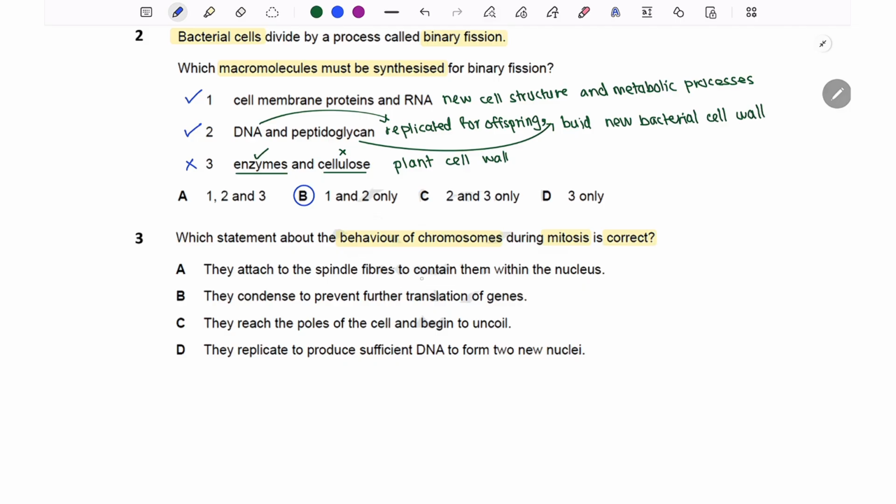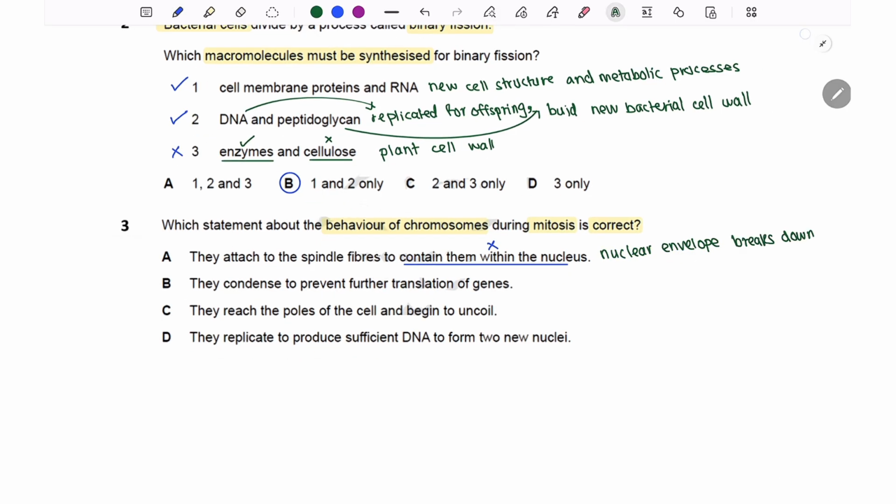That's not going to happen, this bit would be wrong. They actually attach to the spindle fibers because over here the nuclear envelope is going to break down, and the attachment to spindle fibers is just to move them.